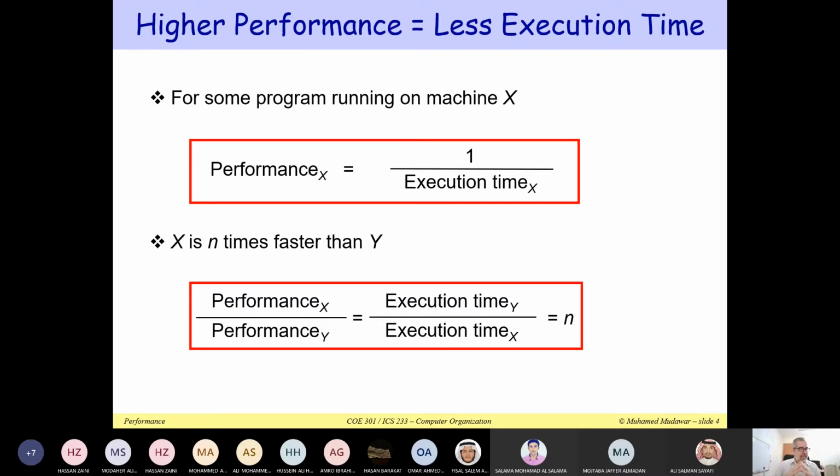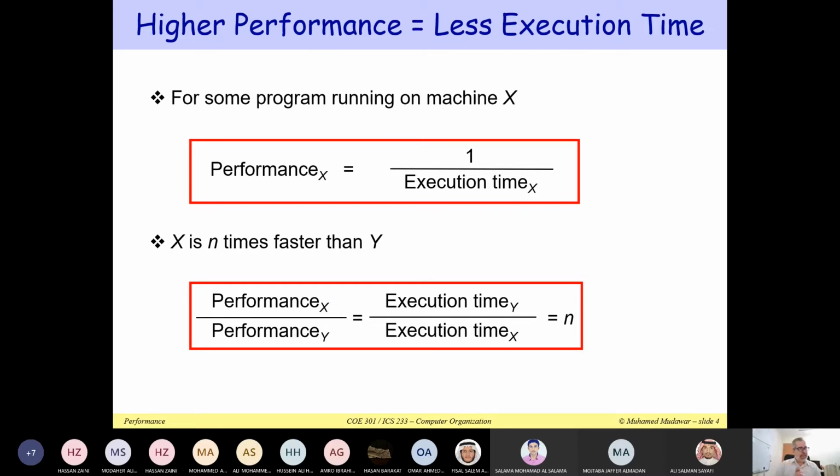For example, if we get n equal to 2, we say that computer X is 2 times faster than computer Y. In other words, if you take the same program and run it on computer X and computer Y, you should get an execution time on X that is half the execution time on Y. So the ratio will be equal to 2.